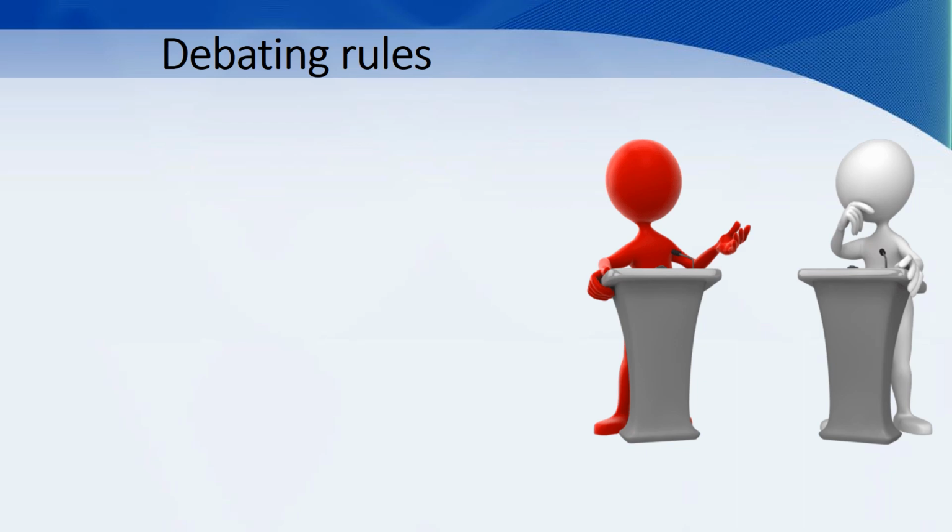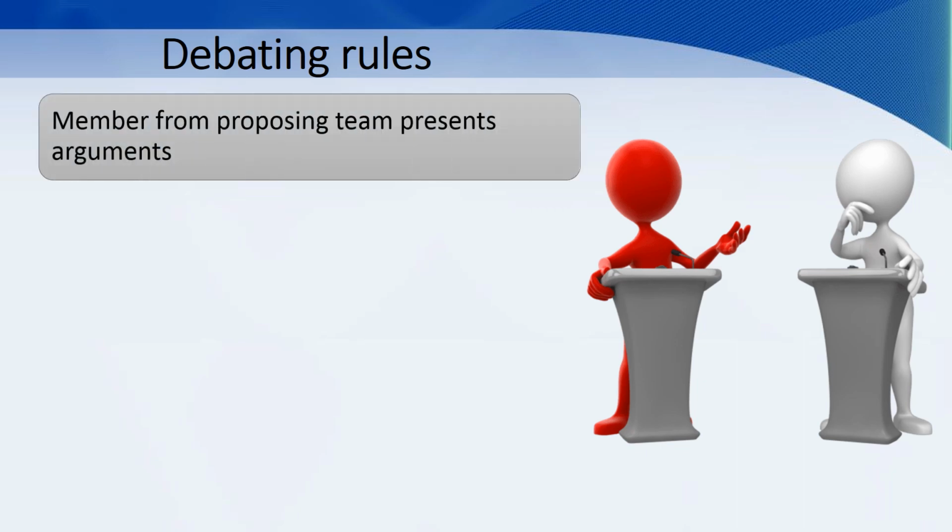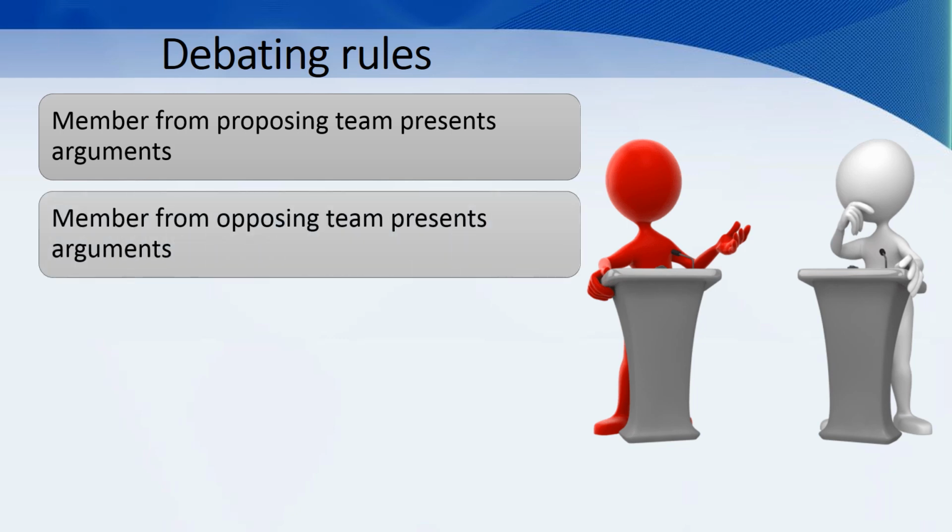Some main debating rules we looked at. One member from the proposing team presents arguments for the motion. Afterwards, one member from the opposing team presents arguments against the motion.